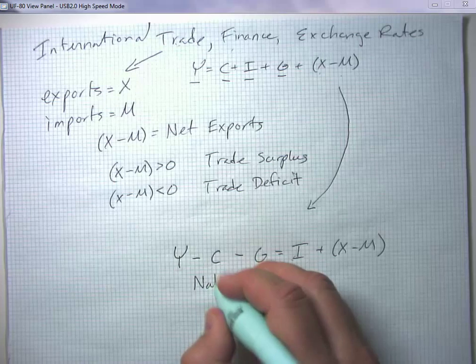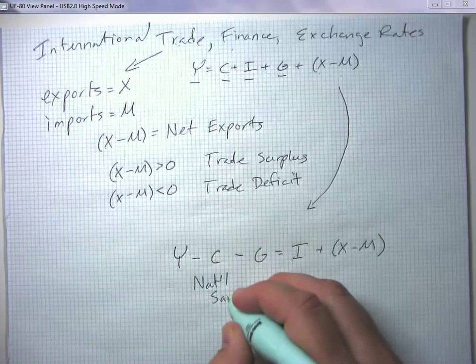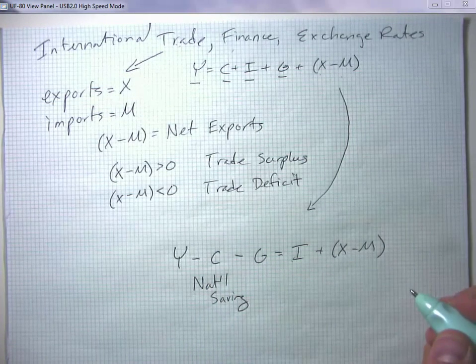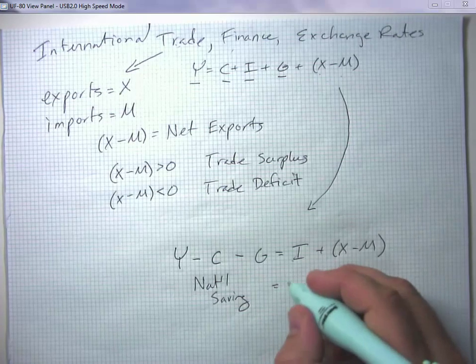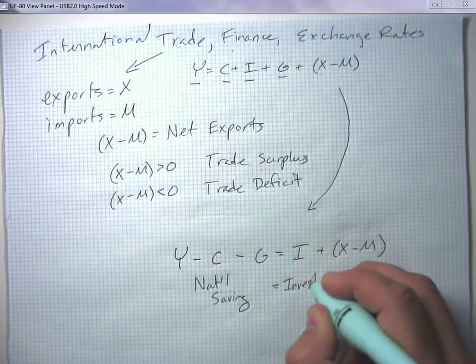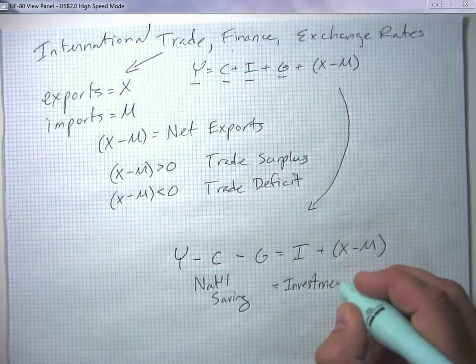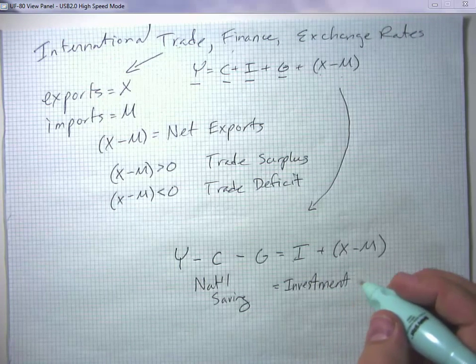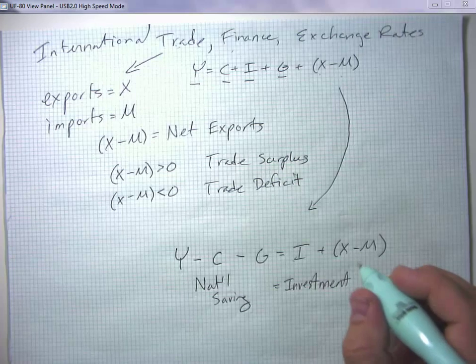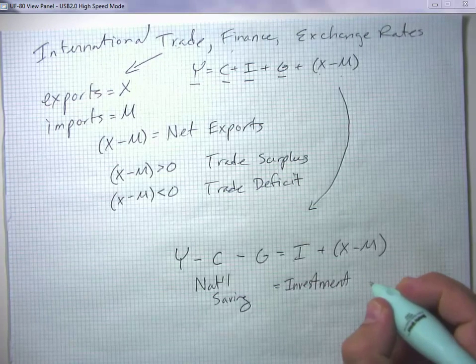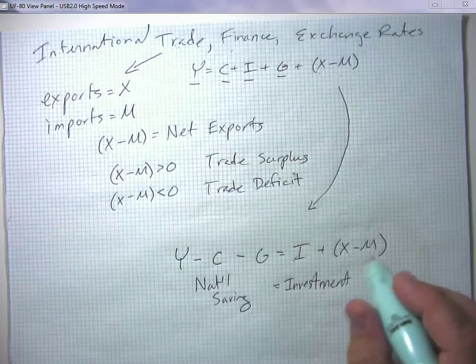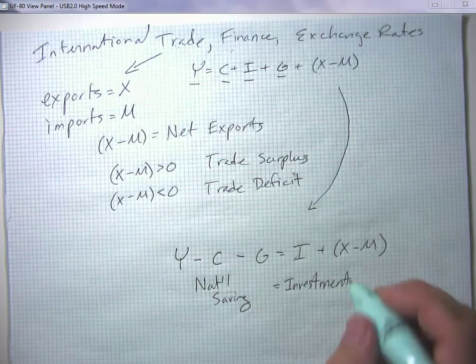And remember that this side over here is national savings. And there's two things we can do with national savings. Either we can invest them and use them to build the capital stock in our economy, engage in real investment spending, or we can take that output and send it overseas.